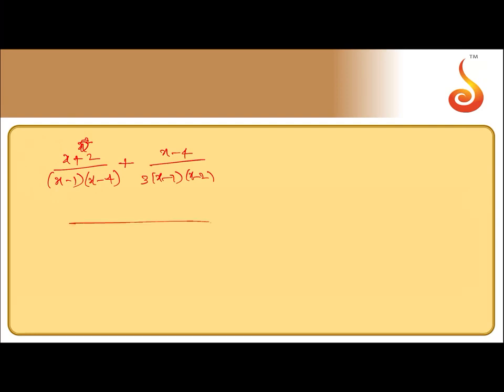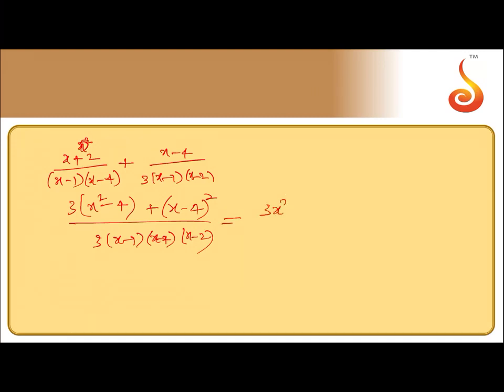If you take the LCM of this, 3 times (x − 1) multiplied by (x − 4)(x − 2), you will get (x² − 4) multiplied by 3, plus (x − 4) whole squared.